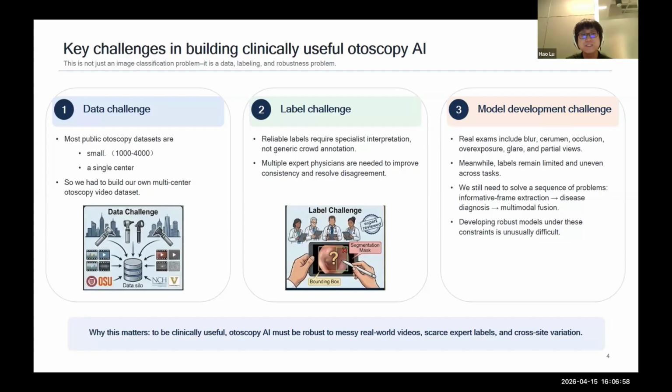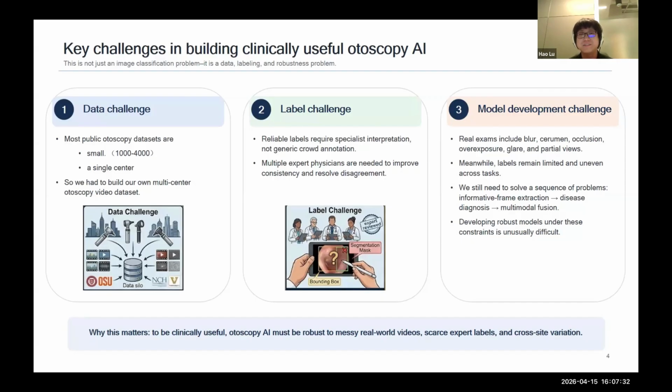generalize to multi-center cases. And the second problem is the labeling challenge, because unlike natural image tasks, which only need normal people to do the labeling, in this case we need well-educated experts, ENT experts, to do the diagnosis of the otoscope video.